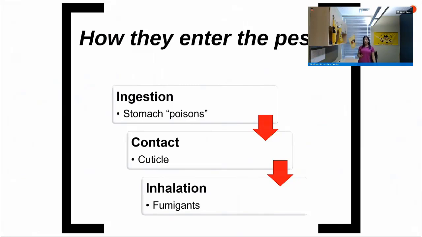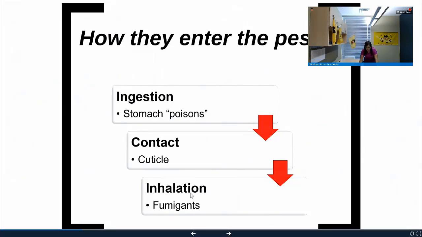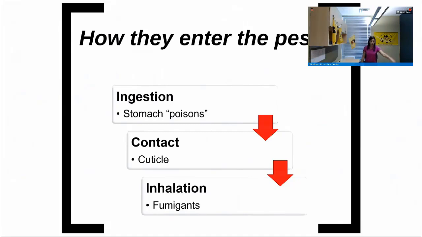Another example of contact pesticides, the diatomaceous earth, the silica gel, that will act through contact with their exoskeleton, the passing exoskeleton. And inhalation, the fumigants that will enter through, what is the name of the structure where arthropods breathe through? The spiracles. So the fumigants will enter through the spiracles of arthropods.